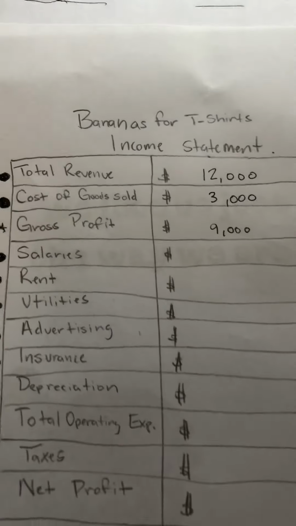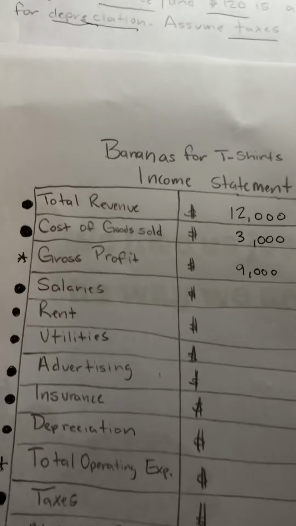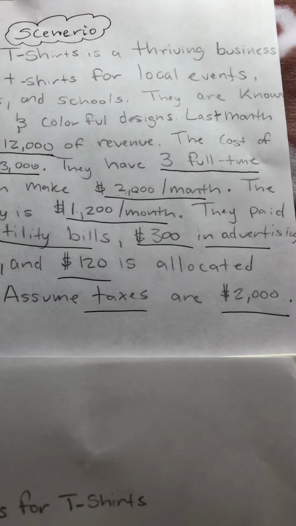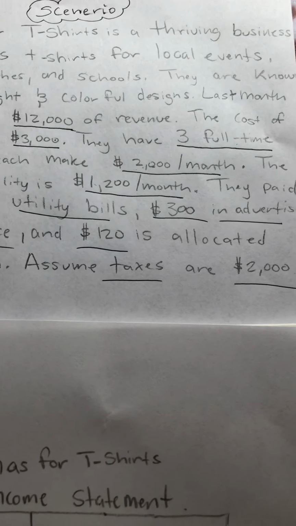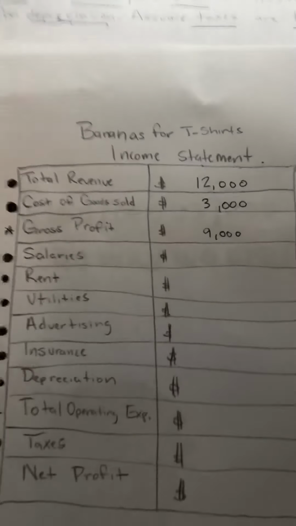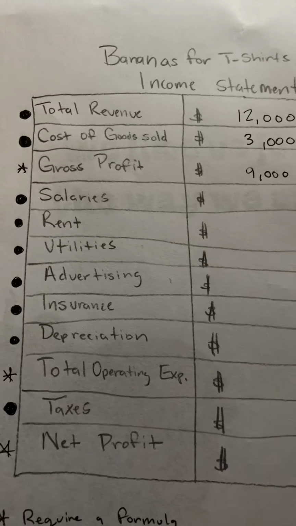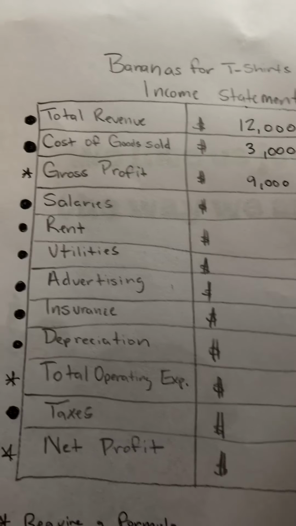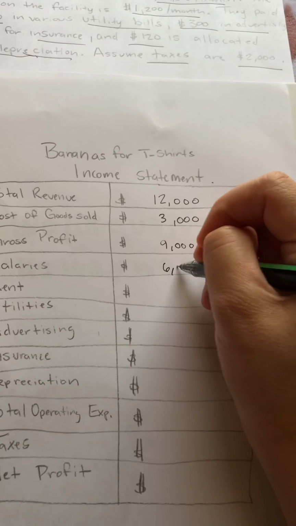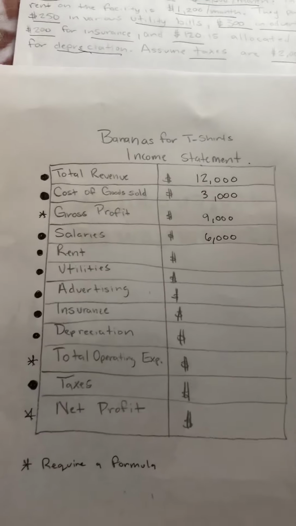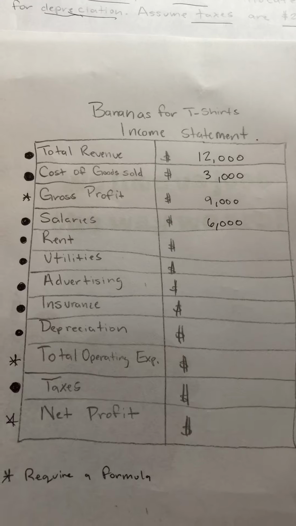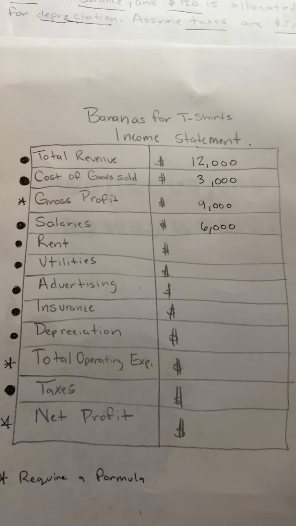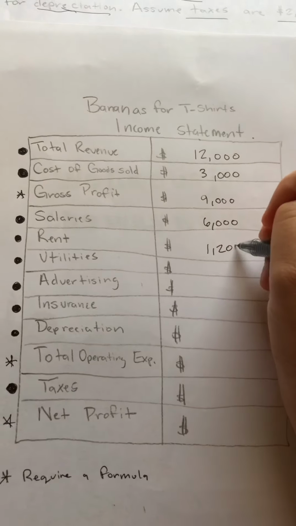And then salaries, rent, utilities, advertising, insurance, and depreciation is all given to us over here in this area. So I'm going to start filling this out. So salaries, we have the 3 full-time employees who are each making $2,000 a month. So for salaries, we're just going to take the 3 employees, multiply that by 2,000, and that gives us 6,000 in salaries a month. And then it tells us that rent is 1,200.